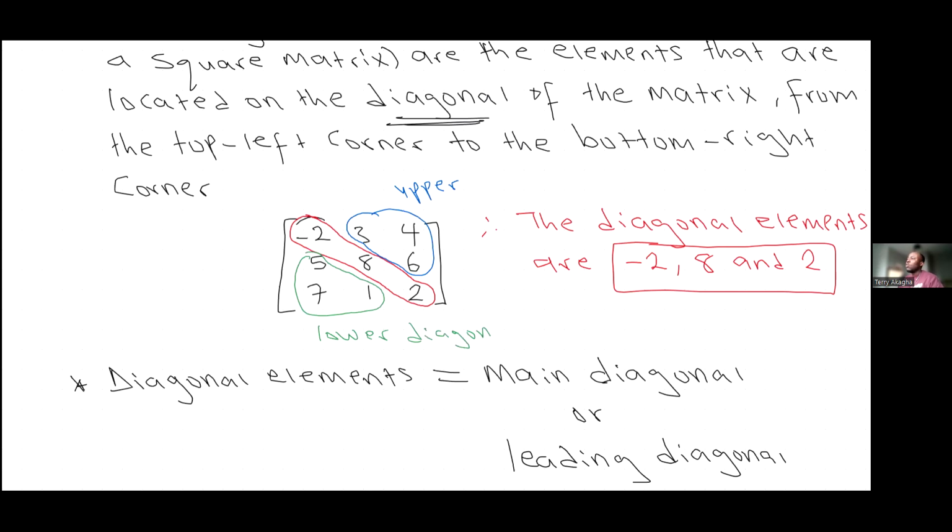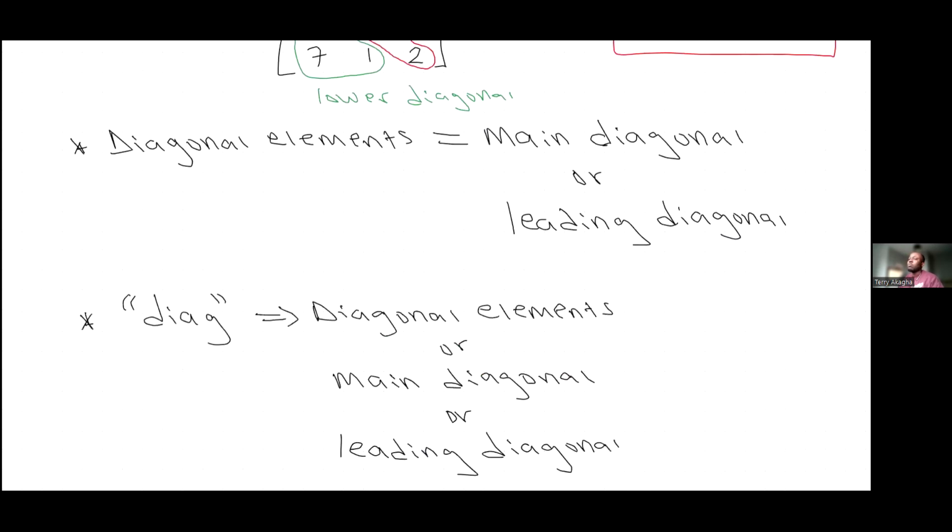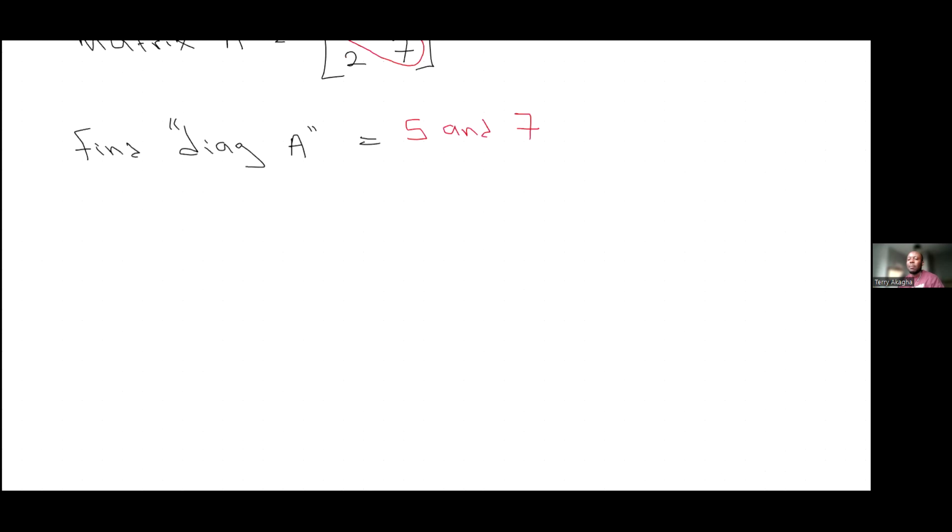So if we now have a particular matrix, let's call it matrix B, and let's say it's a 4x4 matrix. I'm going to explain the concept of 4x4 and 2x2 later.